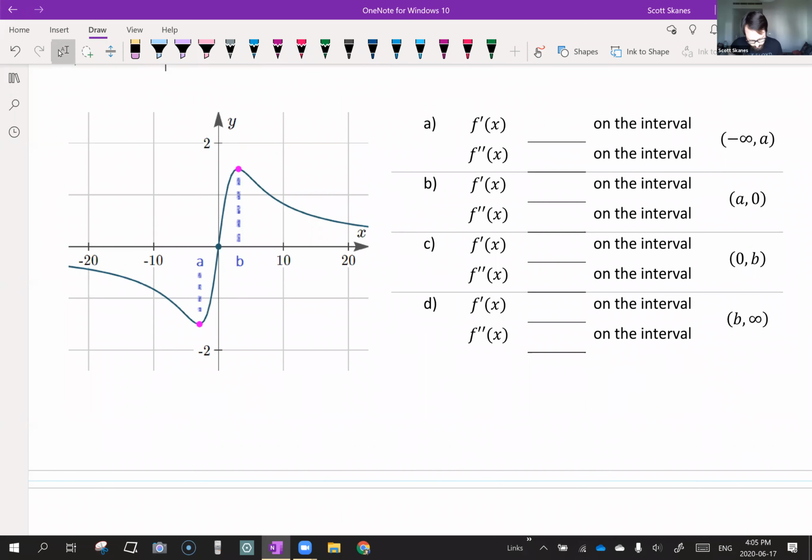Okay, let's do this. So on the interval from negative infinity to a, it's not a number, but who cares? Let's see, from negative infinity to a, what does it look like? It definitely looks like a downward curve, so I can do my concavity already. It looks like this, and it's decreasing. So it looks kind of like this at every point.